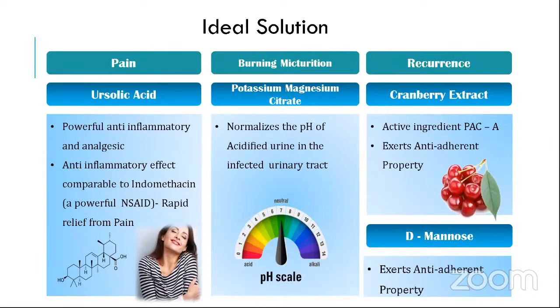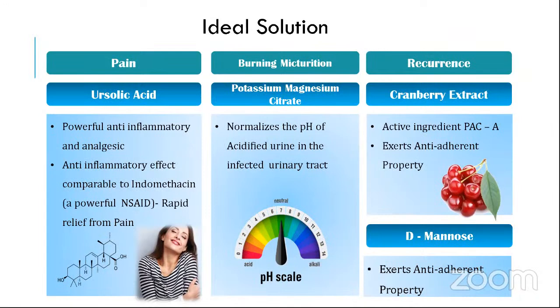Now, the ideal solution. Pain, burning micturition and recurrence, these three things. Pain can be reduced by mefenamic acid, a powerful analgesic with anti-inflammatory effect comparable to indomethacin, giving rapid relief from pain.